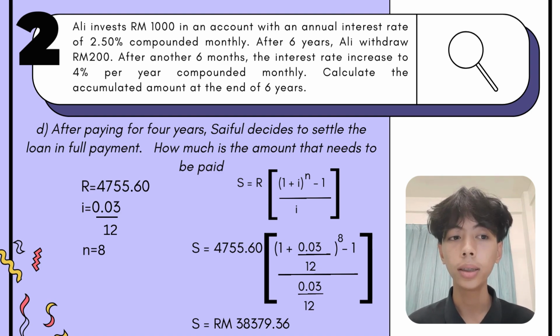So S equals 4,755 ringgit 0.60 cent bracket, in bracket 1 plus 0.03 divided by 12 power of 8, minus 1, and divided by our i again, which is 0.03 divided by 12. Our answer is 38,379 ringgit, 0.36 cents.